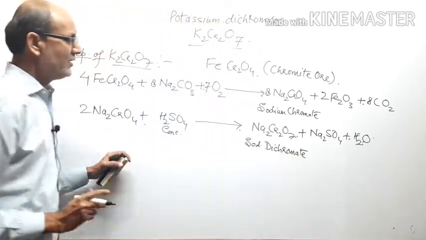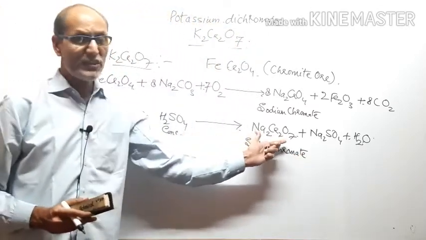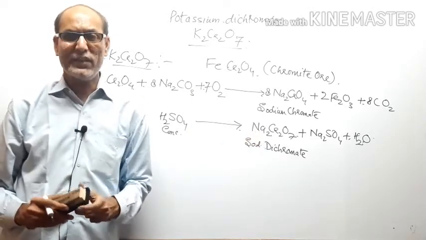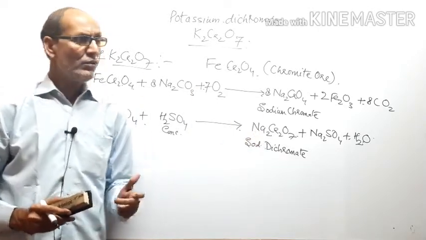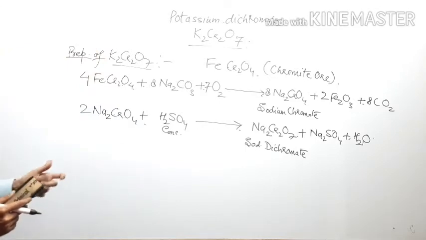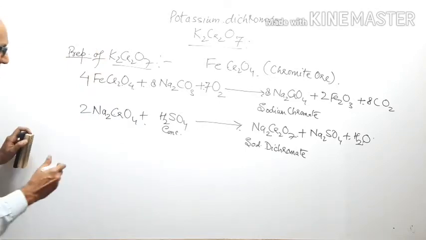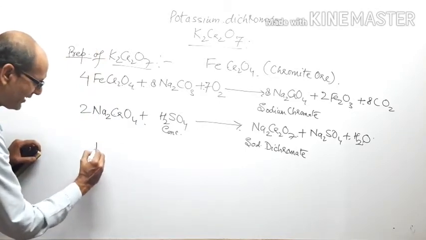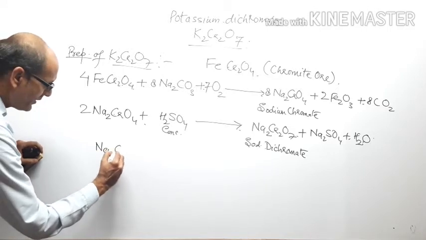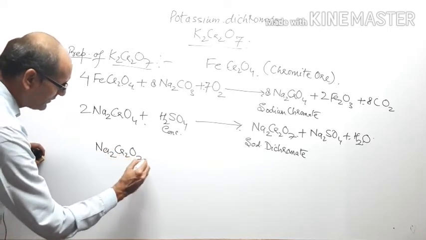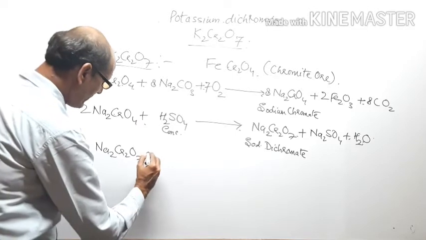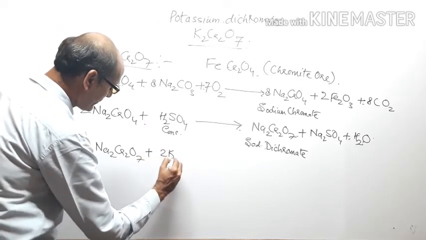Now, this sodium dichromate is treated with potassium chloride, KCl. So, sodium dichromate is converted into potassium dichromate. Reaction will be Na2Cr2O7 plus 2KCl.